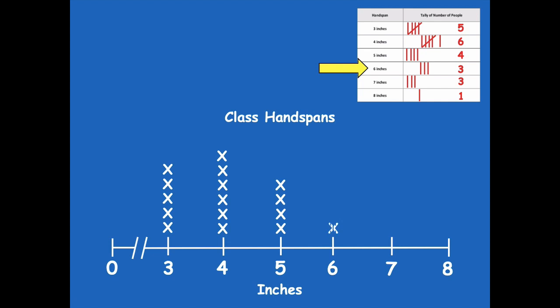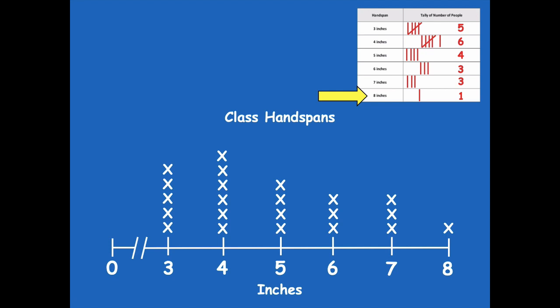So 3 X's. 1, 2, 3. Let's go to 7 inches. How many people had a 7-inch handspan? 3. So how many X's do I need to put on top of the 7? 3. 1, 2, 3. All right, how many people had an 8-inch handspan? Yeah, one person. So I would put 1 X.